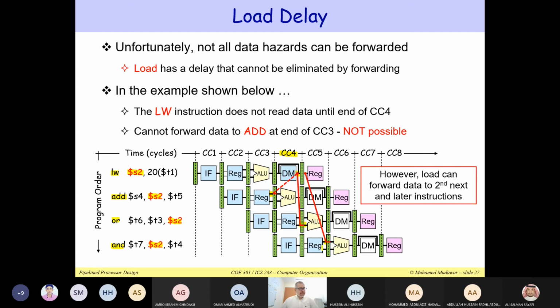That is possible. So the only problem exists with the add instruction, because the OR and the AND don't come immediately after the load. They are the second and third next instructions, so forwarding is possible, but for the add that comes immediately after the load, it's not possible to forward.